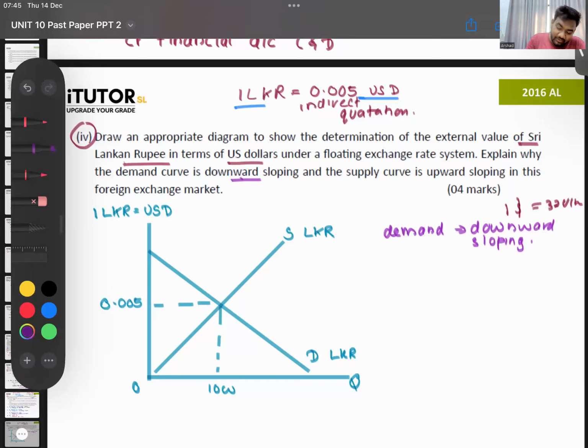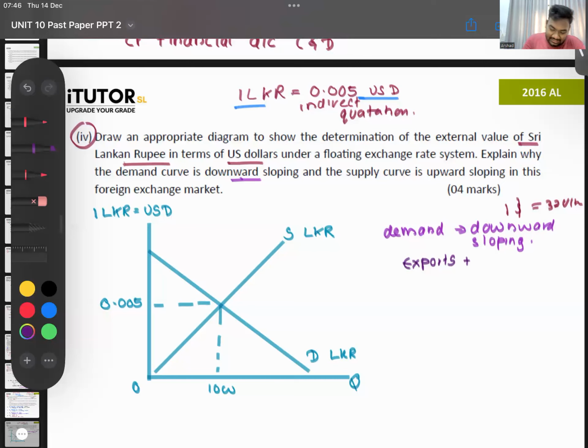So when do we get money? When there are exports. So you need to say the Sri Lankan rupee will be demanded when there are exports and any other inflow, no? So tourism money, worker remittances, investment, right?